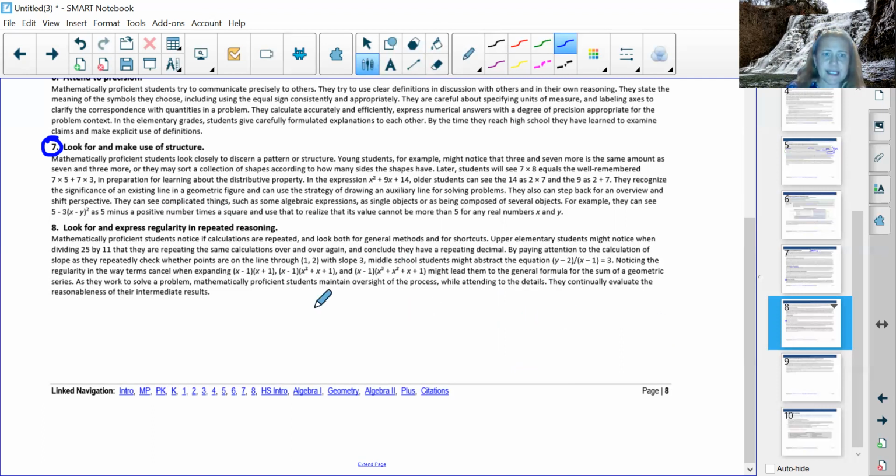So other examples, though, of expressing regularity and repeated reasoning, even just things like, what does this look like versus what does this look like, right? And seeing patterns among related classes of things. I would argue that can be a regularity and repeated reasoning type of thing.